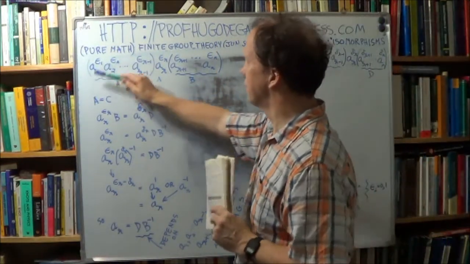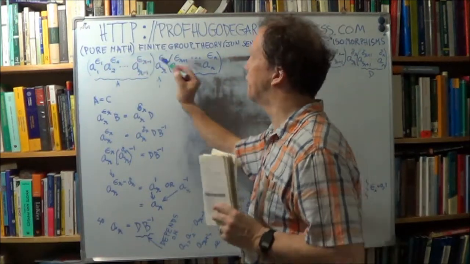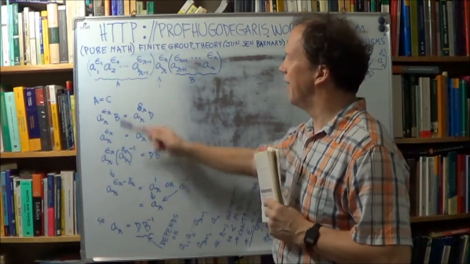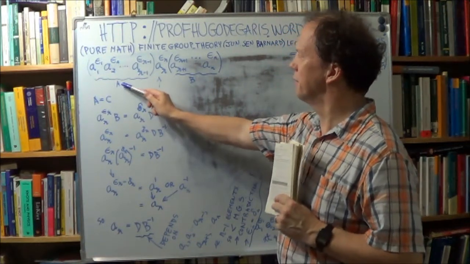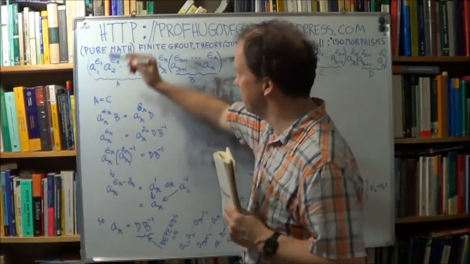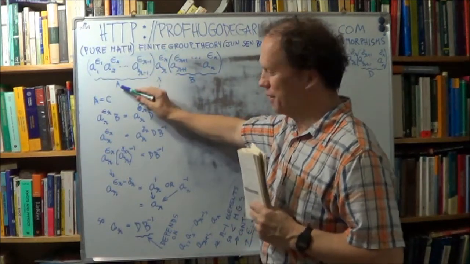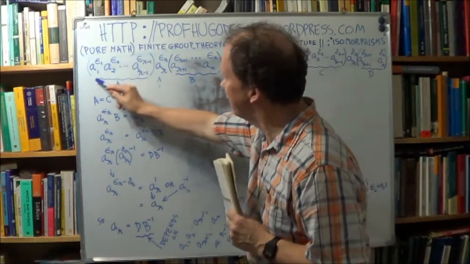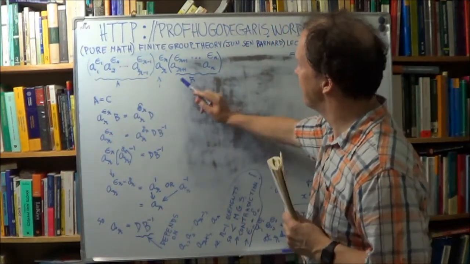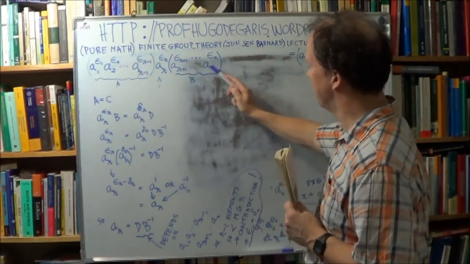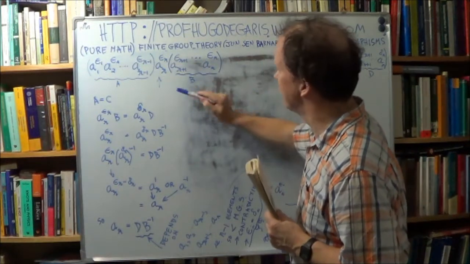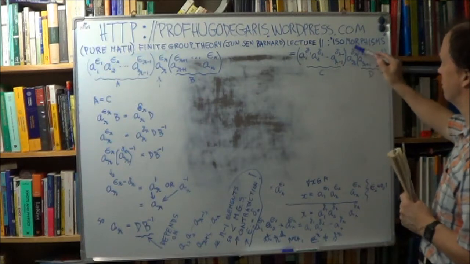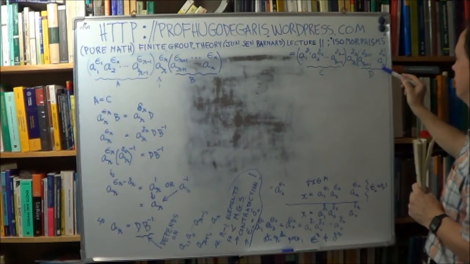To save me writing out all this garbage, I've just called that A, and it'll be an element of your group. It's a bit confusing because the group is also called A. But anyway, I've called that element A, and the part after this I call B. I call this C, and not change, and the rest of it D.